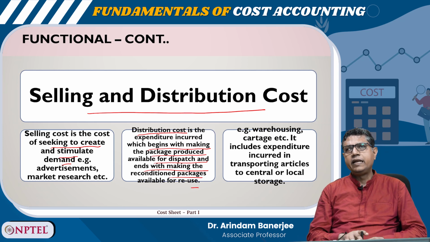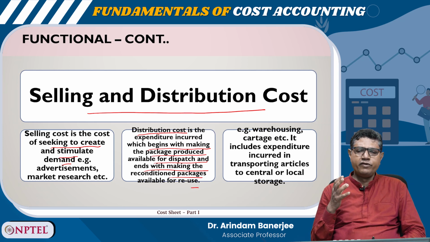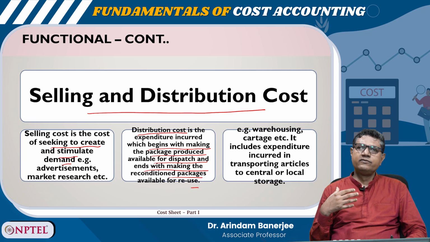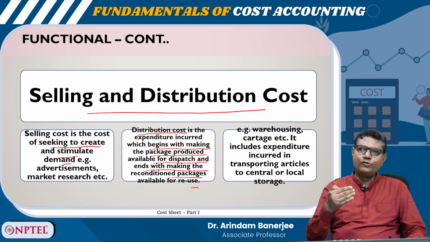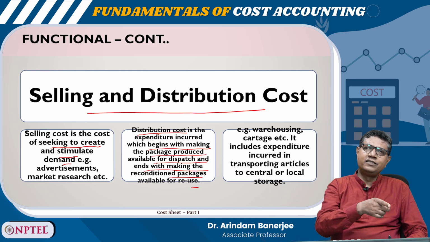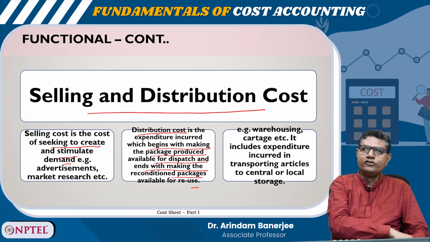So selling is about creating the awareness, finding out who is the potential customer and letting the customer know that there is a product. Now, if the customer is willing to buy the product, then there must be a channel through which it will leave the factory shed, company complex, and reach the home in the hands of the final consumer.